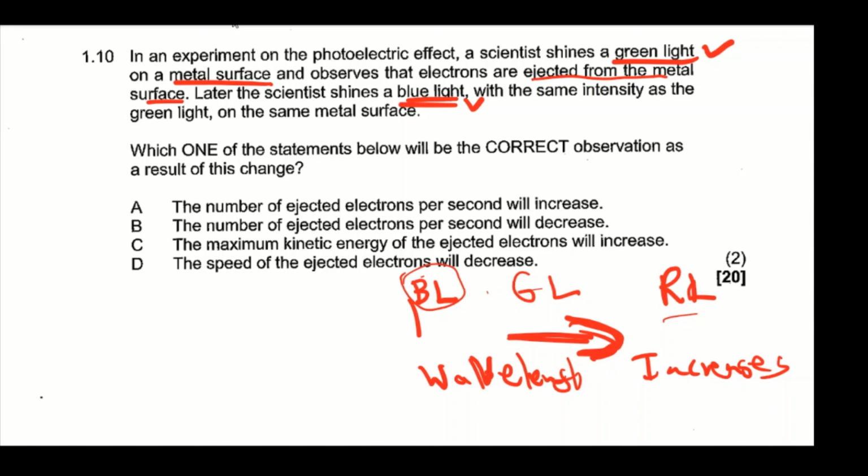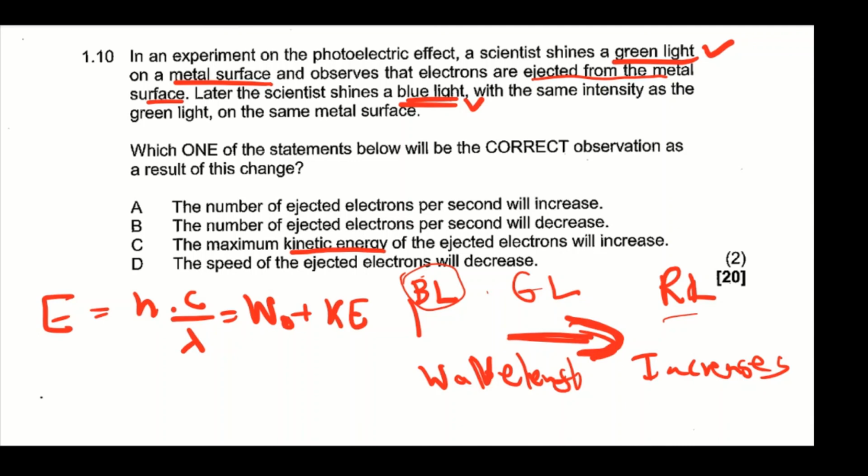I'm more interested in analyzing the kinetic energy here. Why? Because the photoelectric energy E is equal to h multiplied by c over lambda, which is equal to the work function plus kinetic energy, right? So we want to note which kinetic energy will increase, whether it will increase or not, because we first use the green light.